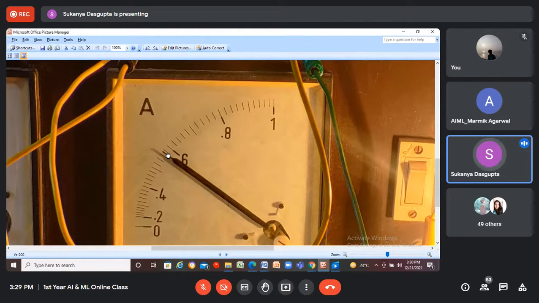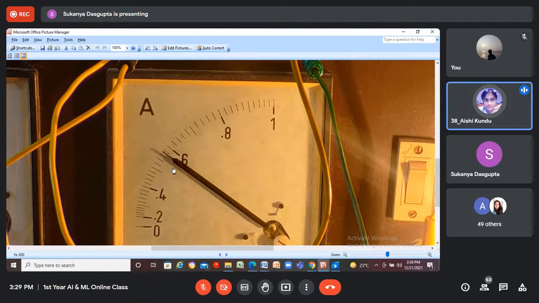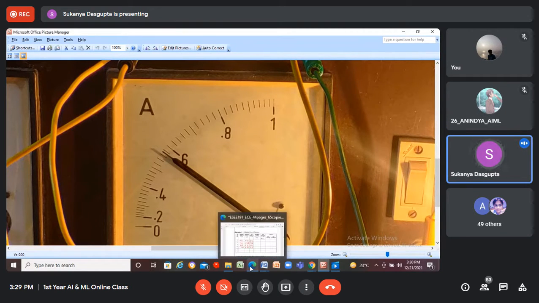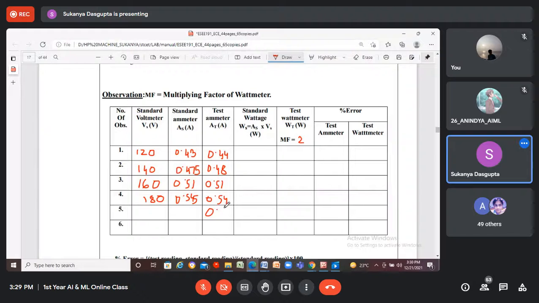It is lower than 0.58, between 0.56 and 0.58. So approximately you just take 0.57. As you are increasing the supply voltage, the current values are also increasing.